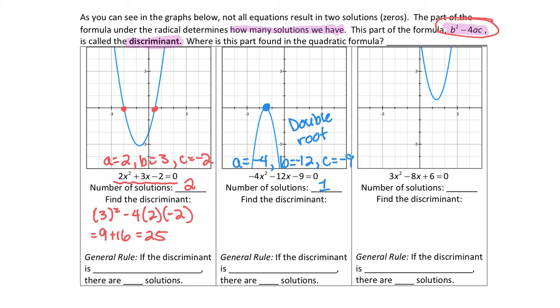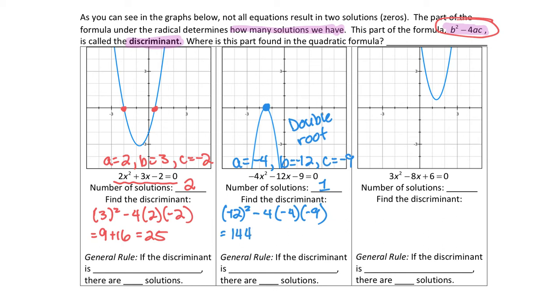So then I've got b squared, so b is -12 squared, minus 4 times a, which is -4, times c, which is -9. Oh my gosh, that's a lot going on in this one. -12 squared is 144.